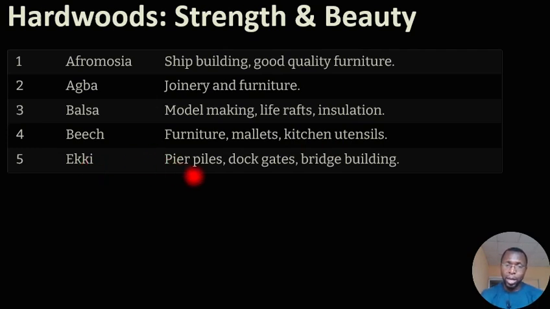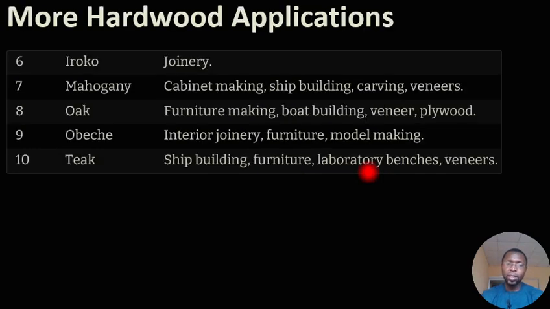We use this in making piles, we use it in making dock gates and bridge building. Aside from this, we have more hardwood applications, like the Iroko hardwood. We use Iroko hardwood in making joinery because of its strength, it's strong.